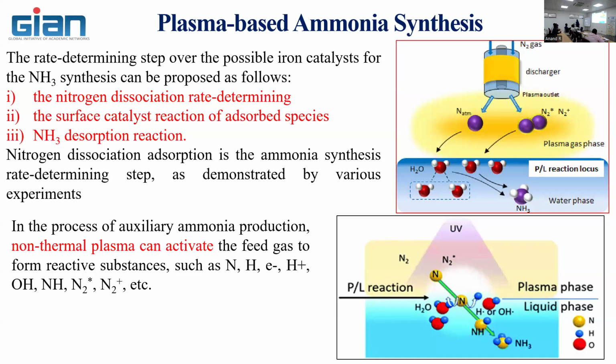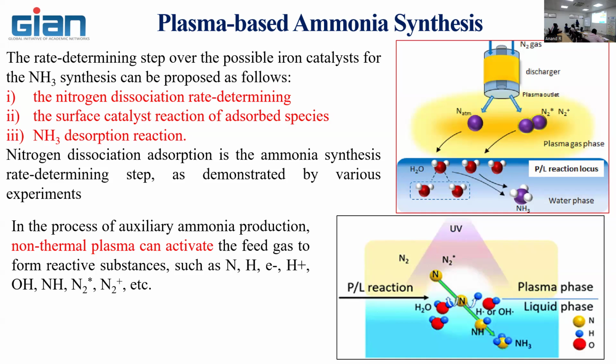Plasma technology we already discussed in our tutorial in our laboratory. The rate determining step over the possible iron catalyst for ammonia synthesis can be proposed as follows, if we use the kind of catalyst used in Haber-Bosch for ammonia formation from plasma energy.